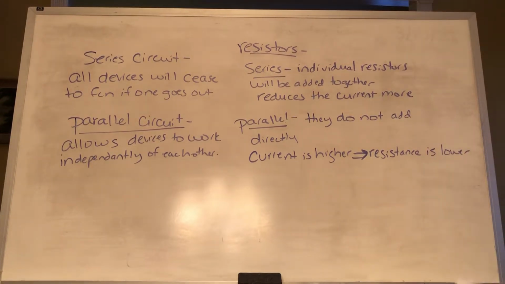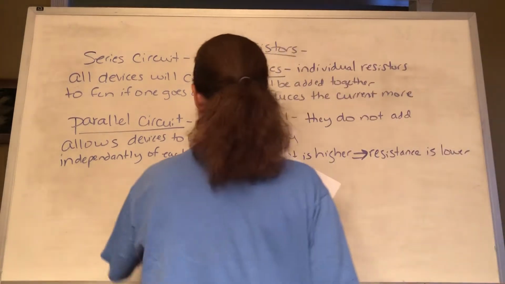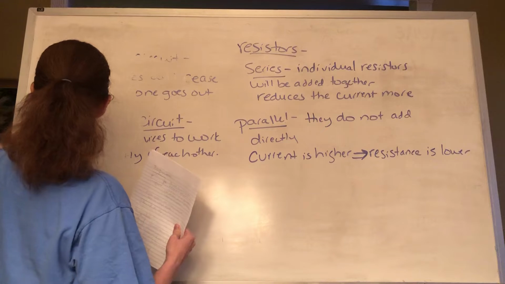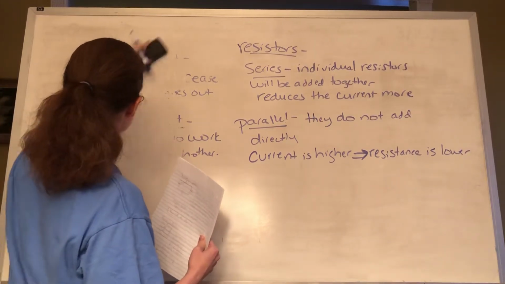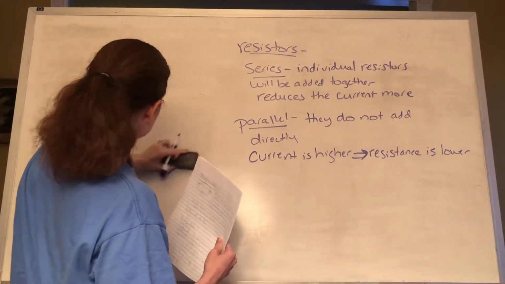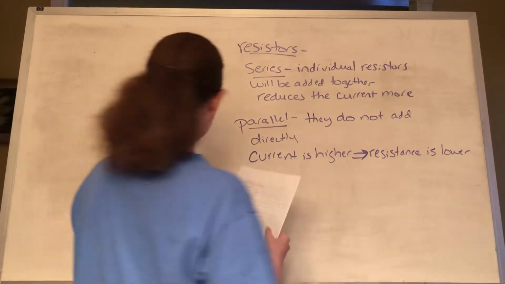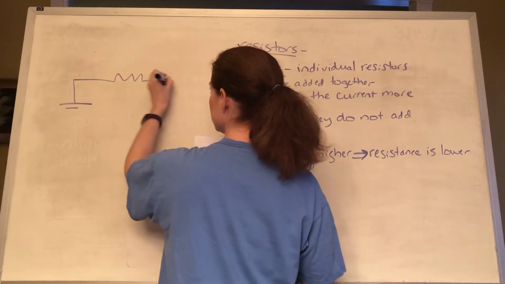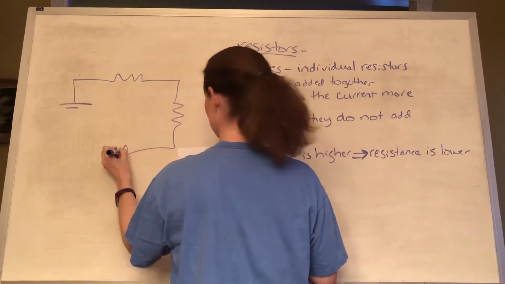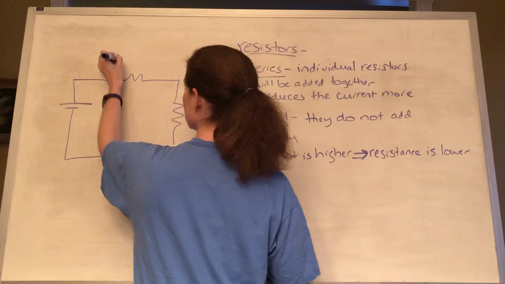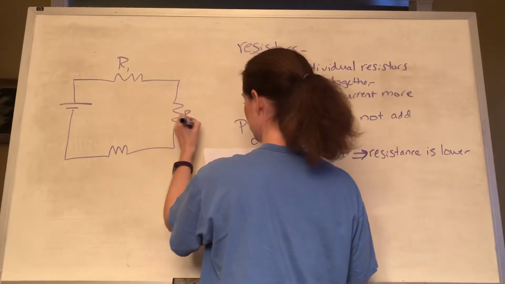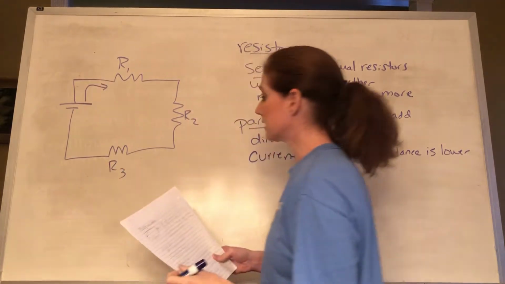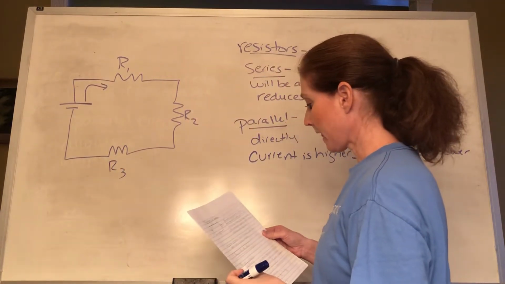So looking at a circuit, all right, this is resistors in series. So I have R1, R2, and R3. And so our current is going to go like that.